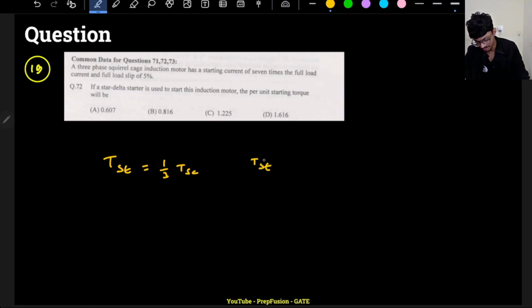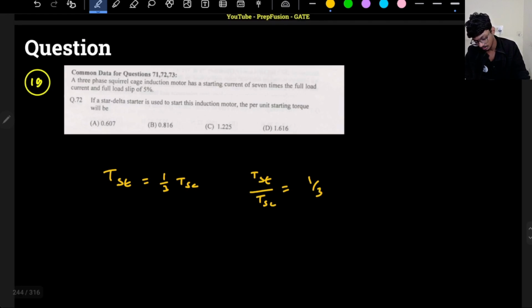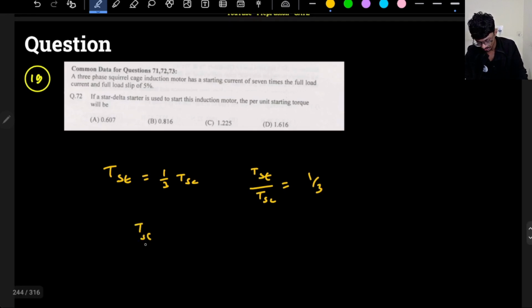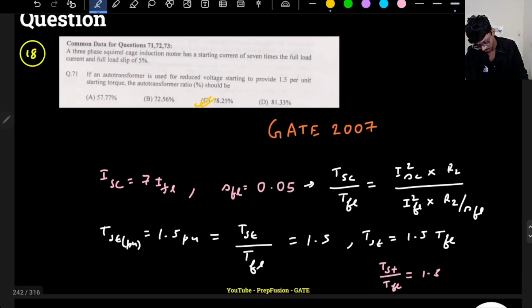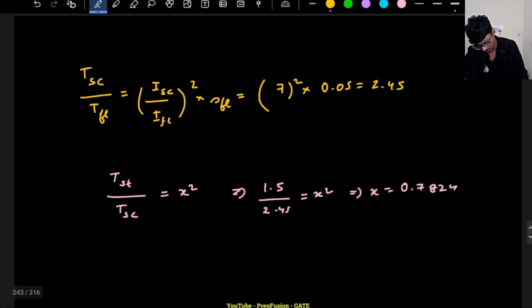So TST upon TSC is 1/3, and already I have this equation, TSC upon TFL, which is 2.45.